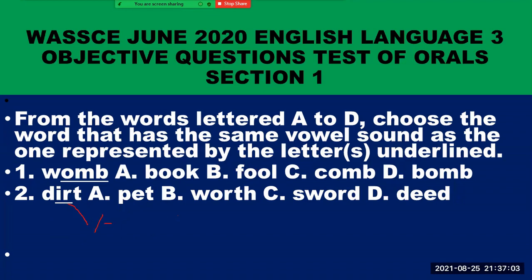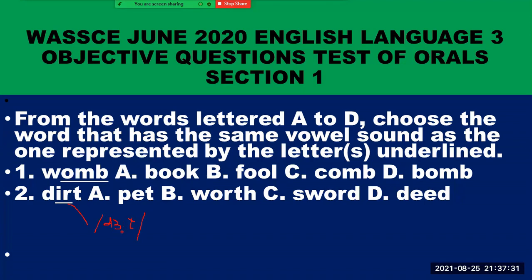So let me transcribe that. You have the long vowel sound, there are 2 dots here. Then you have T. This is death. And this is the sound you have in girl. This is the sound you have in word. This is the sound you have in church. It is the long vowel sound.